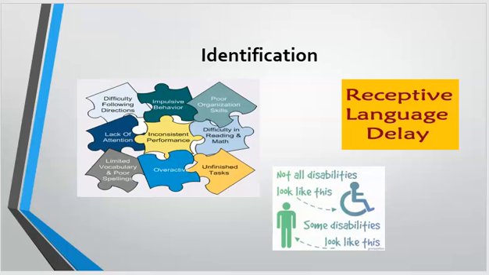And in order to proceed with the evaluation process, it is a must to seek parent permission and, of course, the parent's signature. At this time, the parent is also given a copy of the parent's rights, or the procedural safeguards. The general guidelines provide 60 days to complete the evaluation process.